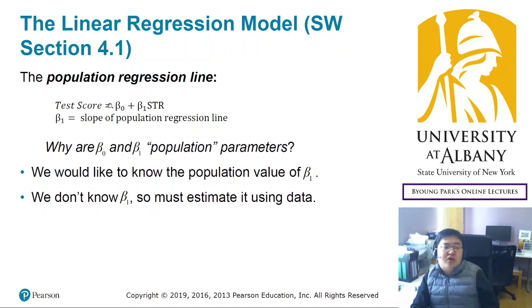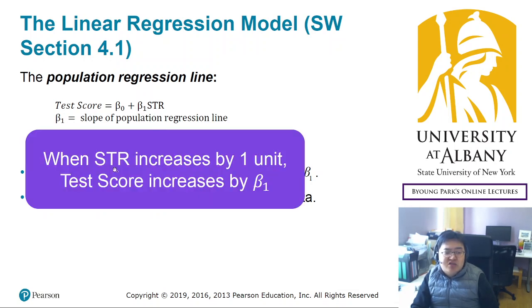So we write the population regression line in this way: test score equals a linear function of student-teacher ratio. So beta 0 plus beta 1 times student-teacher ratio. That means beta 1 is the slope of the population regression line, which means when student-teacher ratio increases by 1 unit, then test score will increase by beta 1, right?